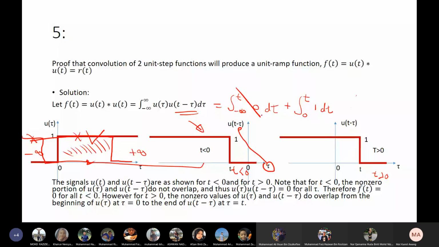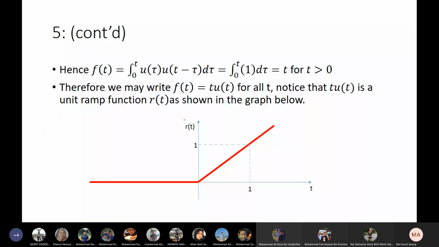So this is 0, and this basically t. You get t because this is actually tau from 0 to t, equal to t minus 0, equal to t. Betul, sir. So this actually from t to infinity, you get this, campur dengan lagi. Yes, this is a unit ramp.